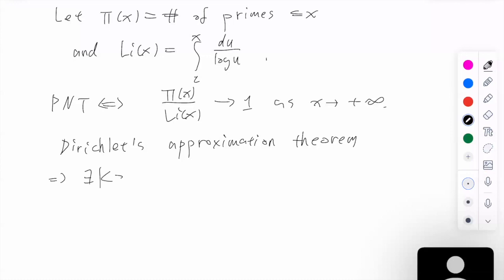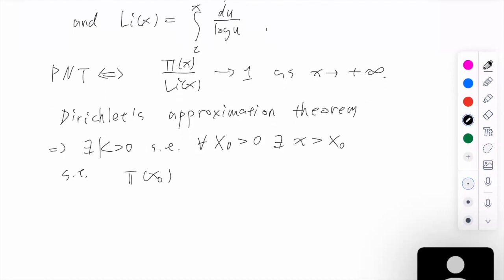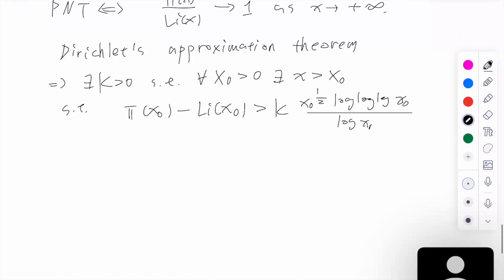there exists some constant k greater than 0, such that for every x0 greater than 0, there exists some x greater than x0, such that pi of x minus Li of x is greater than k times x to the 1/2 power times log log log x over log x, where we take no absolute value here.